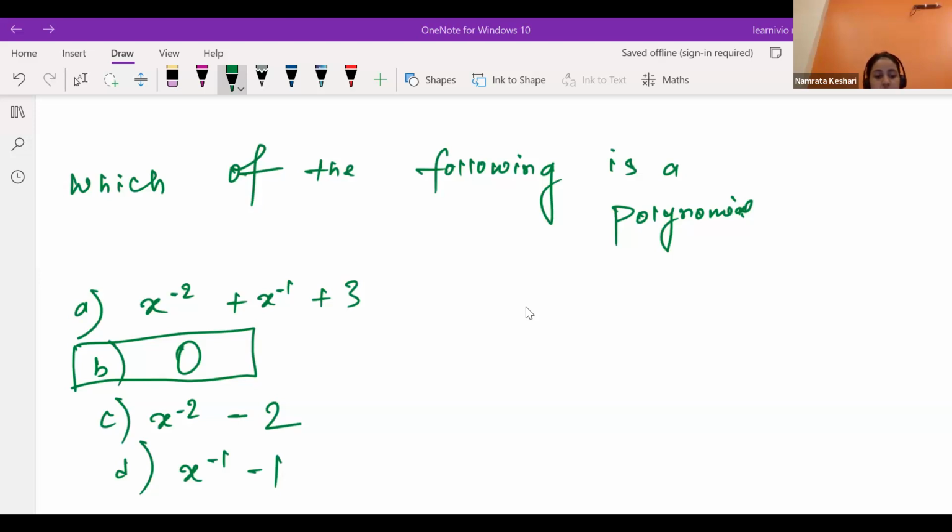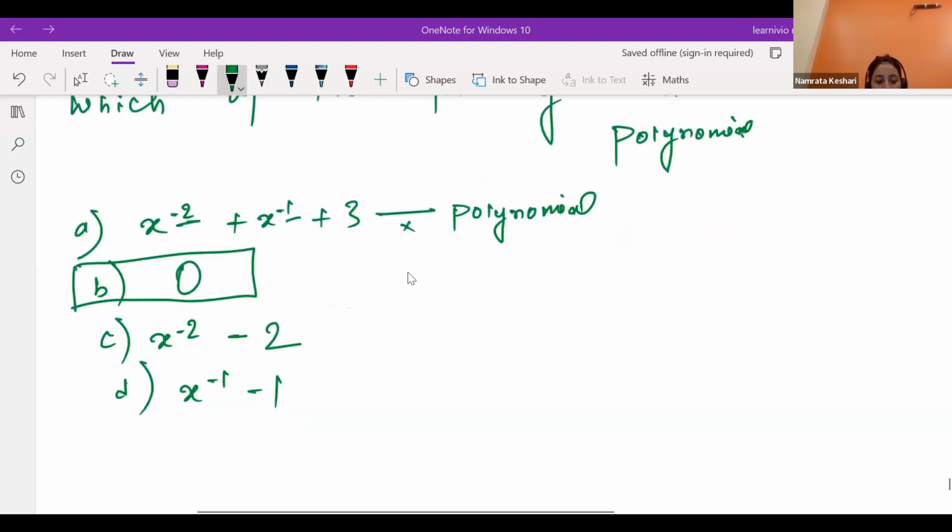Yes, it's 0. The exponent of the variable, if that is not a whole number, then it's not a polynomial. You can see all the exponents are not whole numbers. -2, -1, these are not whole numbers. These are integers. Yes, 0. And same for the other scenarios. So yes, 0.